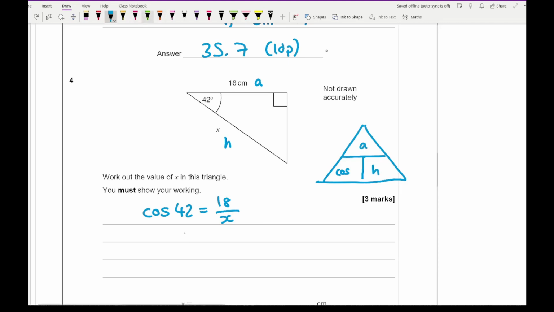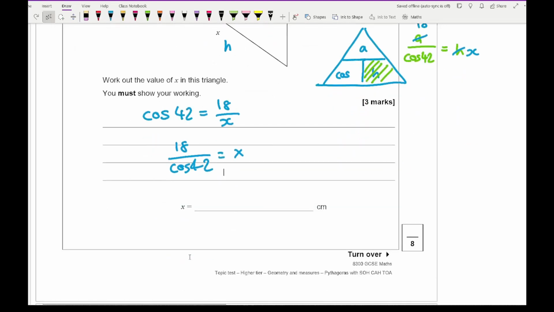Now in this case I'm wanting to work out the hypotenuse, so I do that by doing a over h, cos, sorry, so it'll be cos 42 equals h, and h is x and a is 18, so it's going to be 18 over cos 42 equals x. So then just type that into my calculator, in which I get an answer of 24.2, and that's to 1 decimal place again.